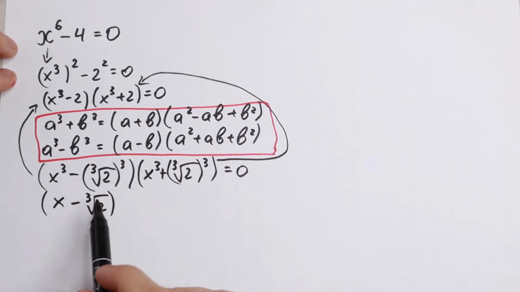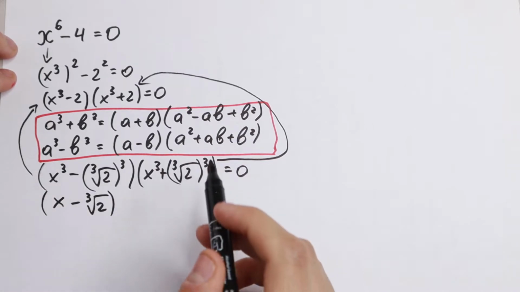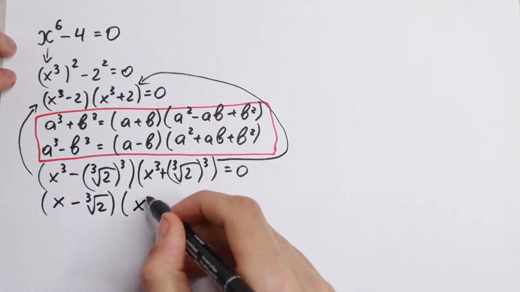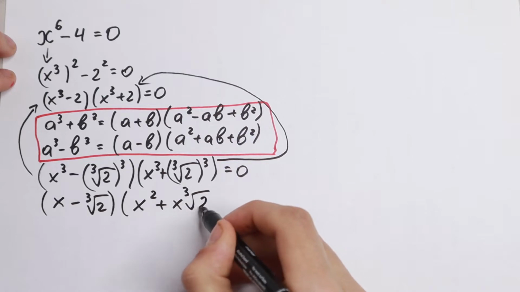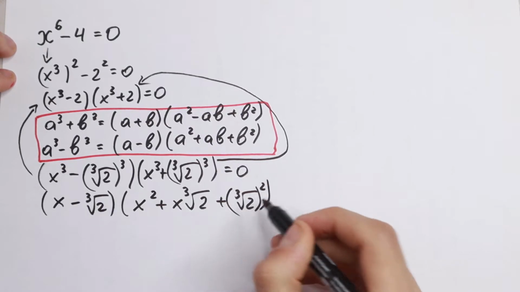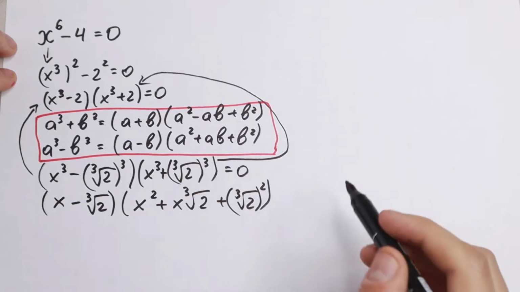This is our a, this is our b. So let's use the formula for the difference of cubes, times a parenthesis. So we will have x squared plus x times the cube root of 2 and plus the cube root of 2 squared. So as you can see, this is our formula. We just use our formula right here.